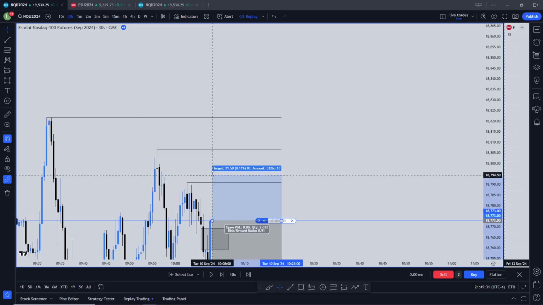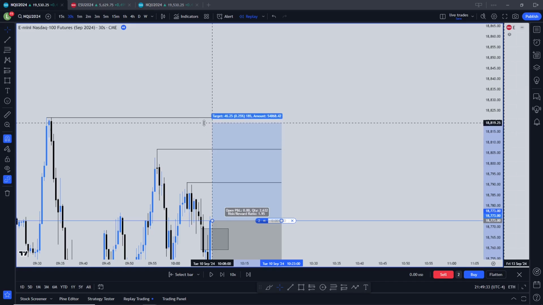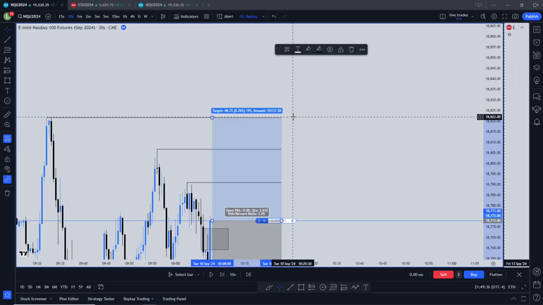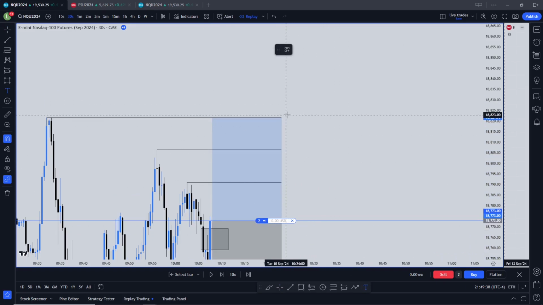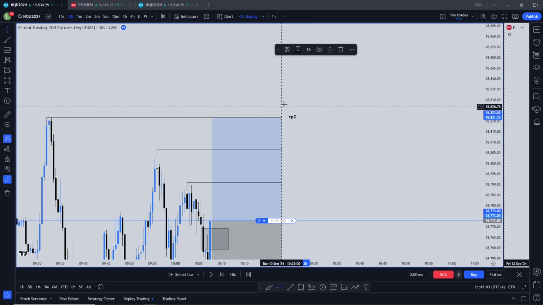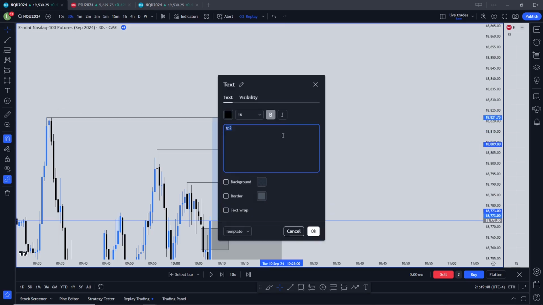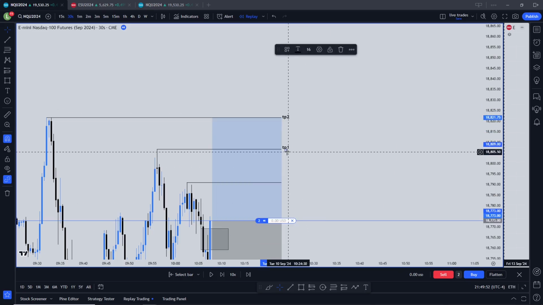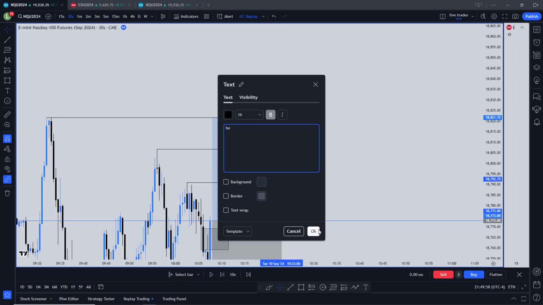So this would be break even, this would be TP1, and these equal highs would be the full TP. So we'll do TP2. And then this will be break even right here.